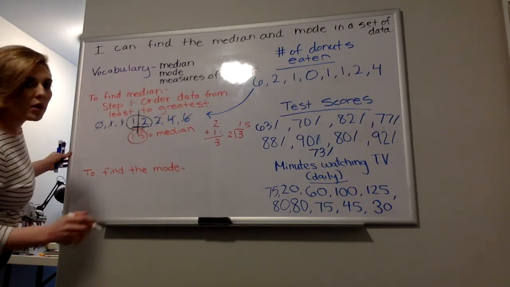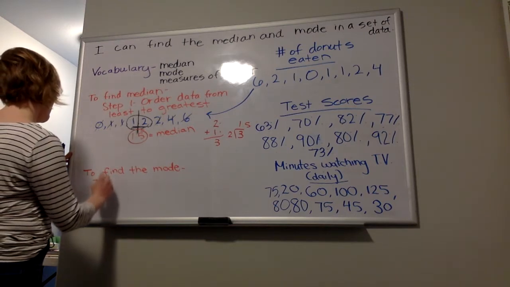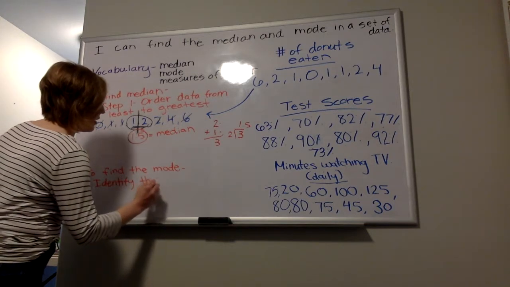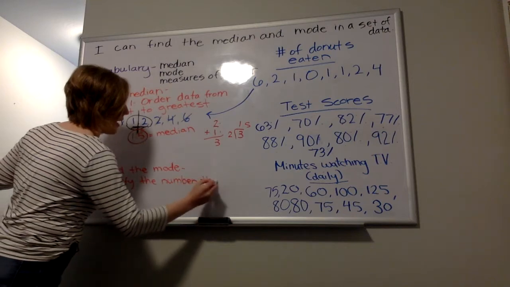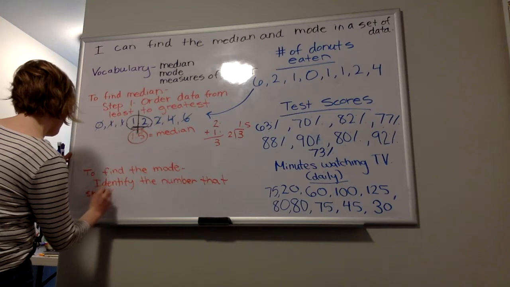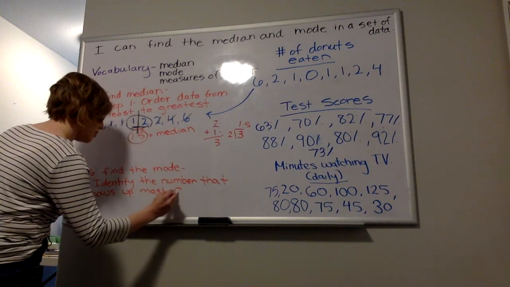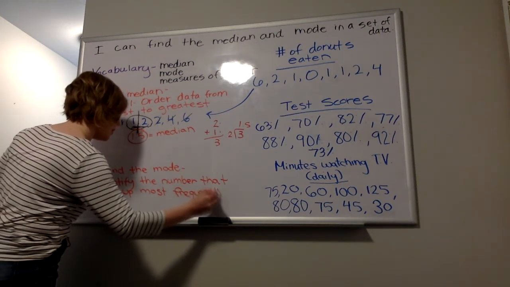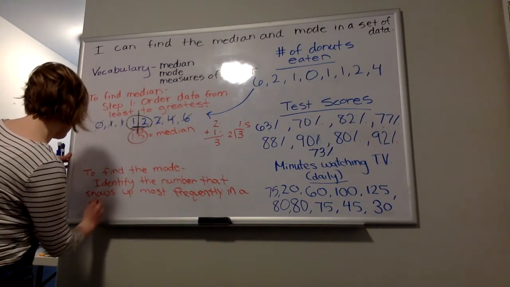When you are finding the mode, you are going to identify the number that shows up most frequently in a set of data.